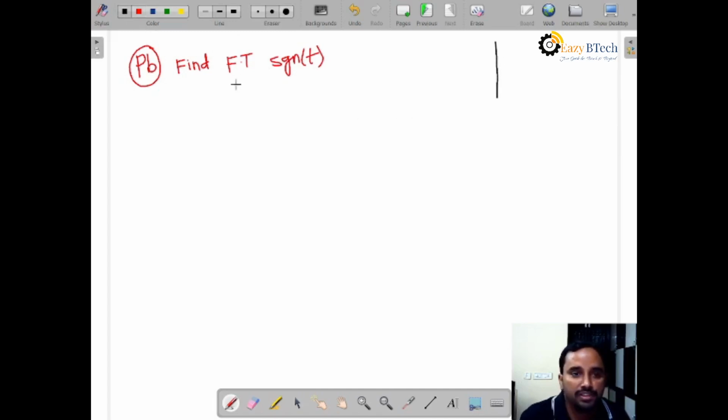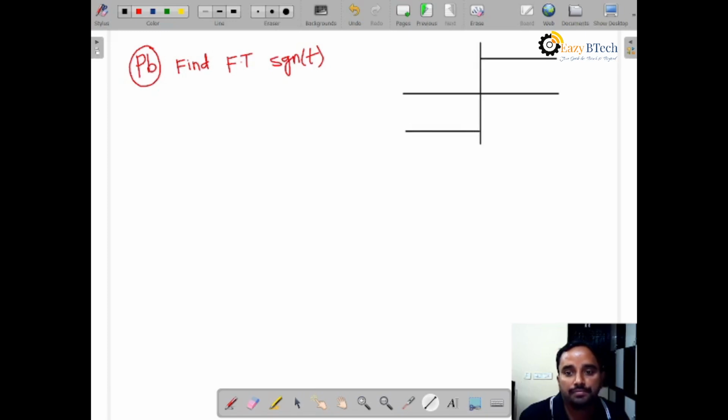So signum function is very simple. This is the signum function. It has two values, plus 1 and minus 1. So this is minus 1 and this is plus 1. X-axis is t and the signal is signum function Sgn(t).